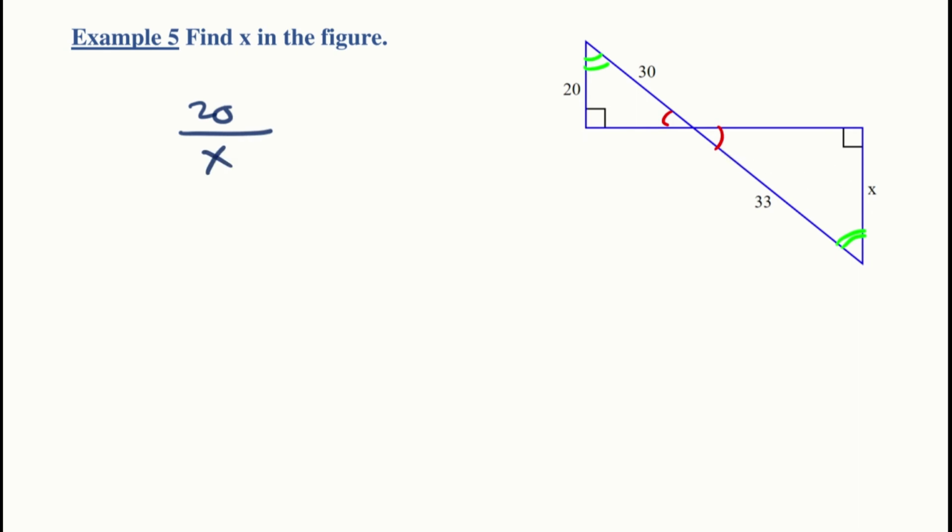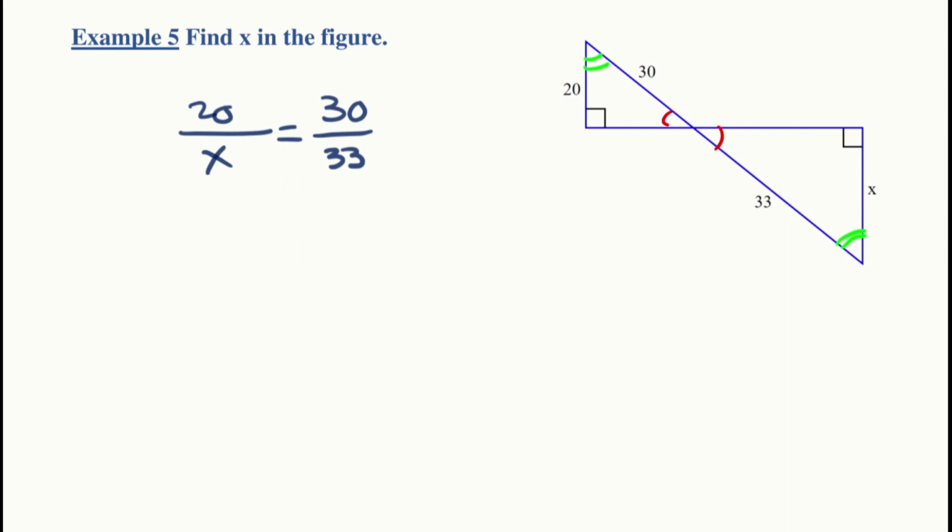X. Now I can see that 30 here is opposite the right angle, right? So if I put 30, remember, since 20 was from this triangle, whatever goes on the top here should be from this triangle as well. So 30 over, and what's opposite the right angle in this triangle? 33. So there is the simple proportion that I have to solve in order to find x in this figure.